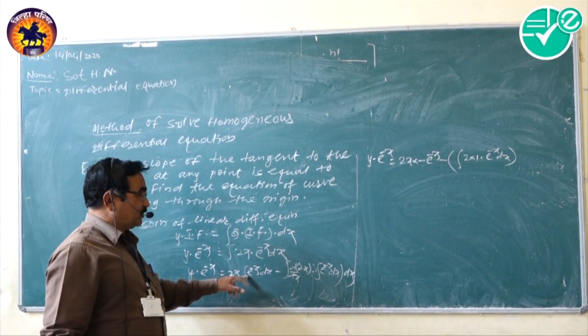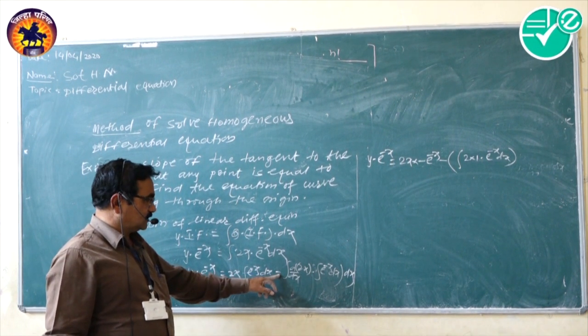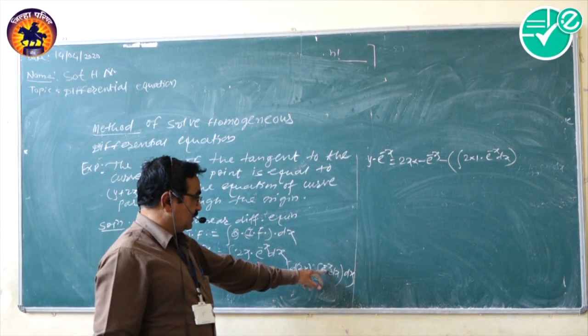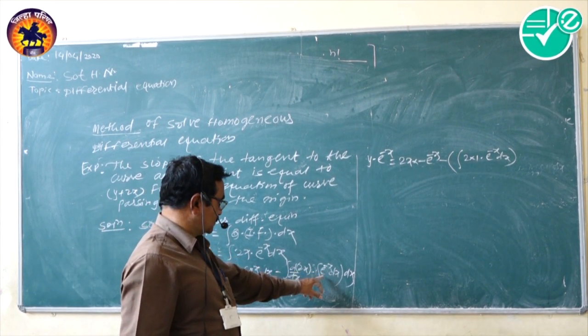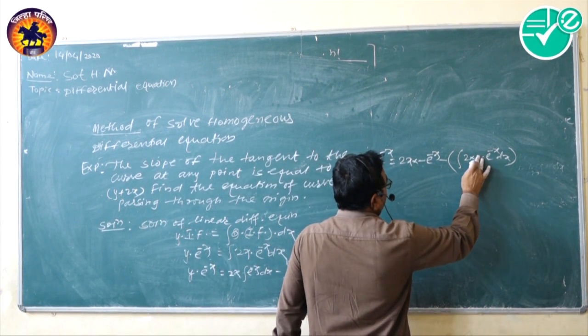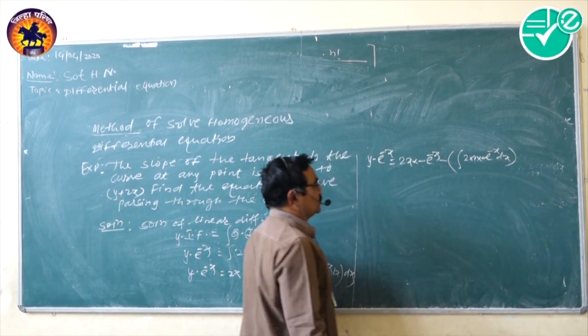The integration of e raised to minus x is minus e raised to minus x; the derivative of 2x is equal to 2.